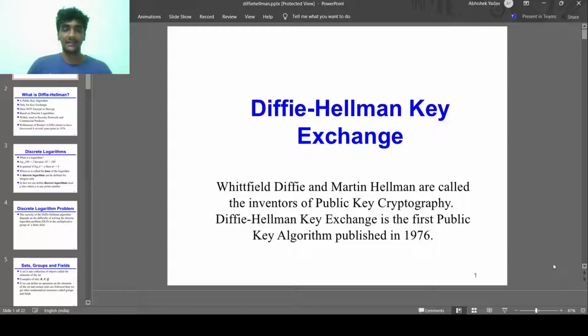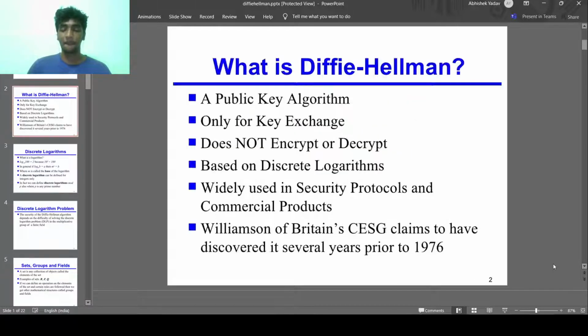Let's start with this. The topic of today's discussion is going to be Diffie-Hellman key exchange. Whitfield Diffie and Martin Hellman are called the inventors of public key cryptography. Diffie-Hellman key exchange is the first public key algorithm that was published in 1976.